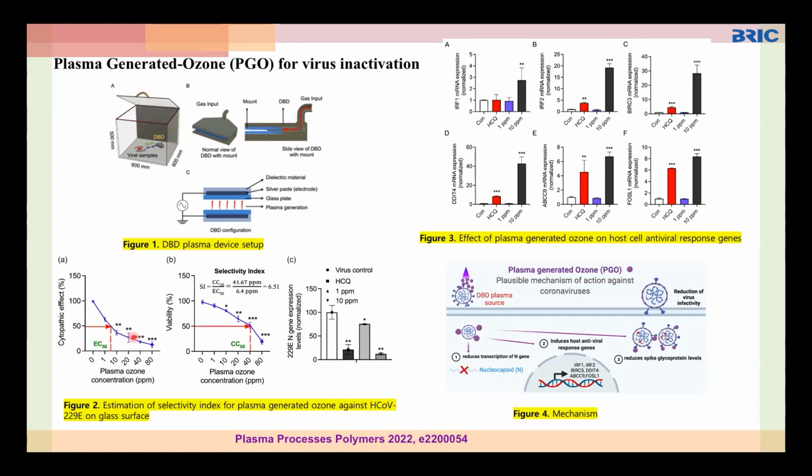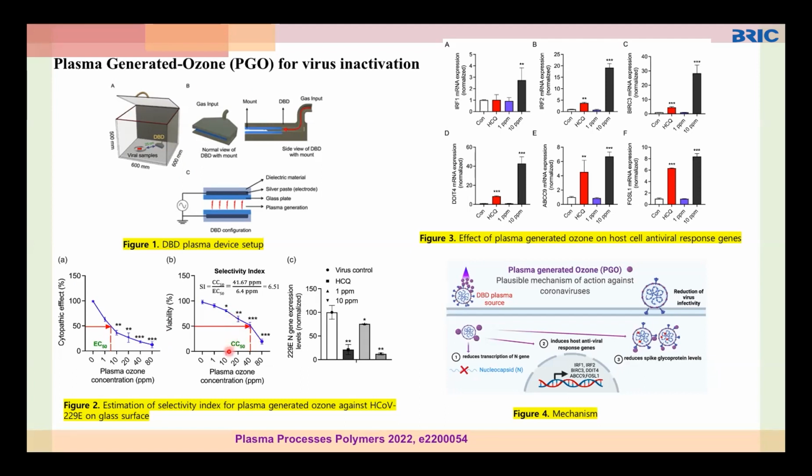You can see the EC50 effect on viruses by this treatment is very high, and the EC50 lies between 6 or 7 ppm of ozone. And this is the CC50 data, and it is not toxic up to 10 ppm.